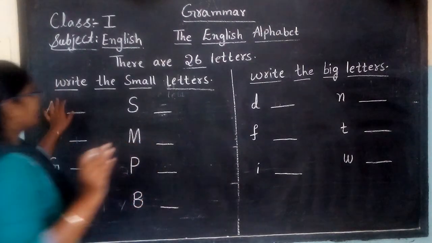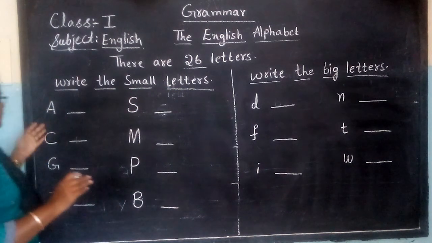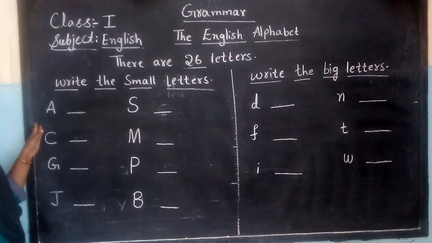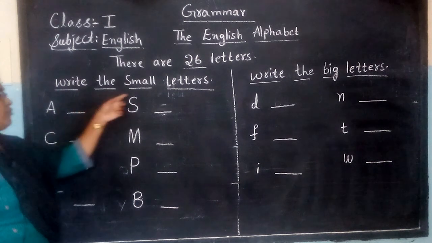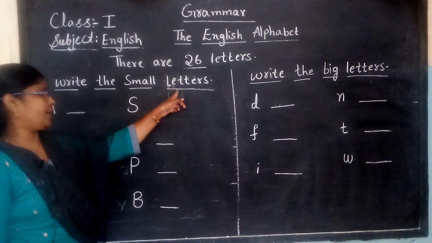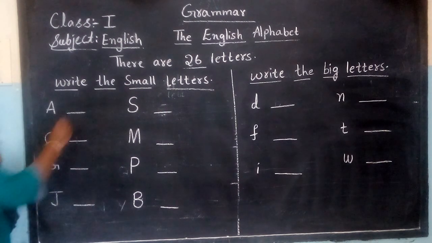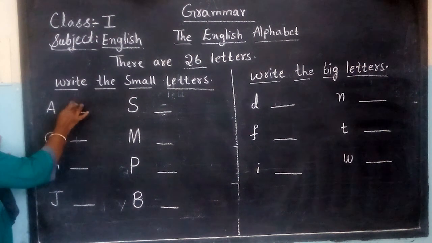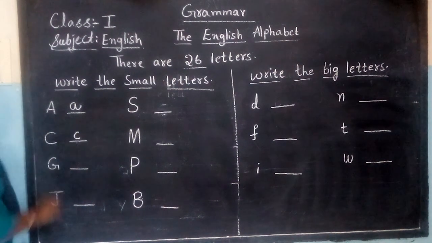Now children, here write the small letters. I wrote here some capital letters that we have to write in small letters. What is this first letter? Capital A. So what do we have to write here? Small letters. So capital A, small a. Next, capital C, small c.